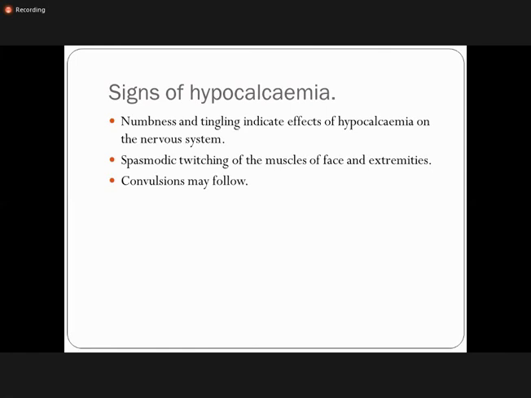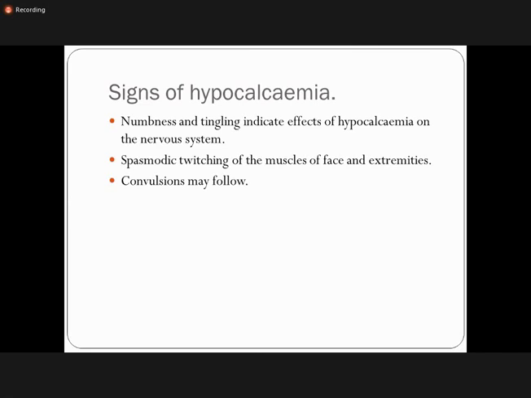The same happens with the face, so there would be facial twitching. And lastly, convulsions. What are convulsions? These are involuntary muscle movements across the body because of increased sensitivity to particular stimuli from the brain. There's increased sensitivity because of low serum calcium, and that is why you can encounter convulsions.